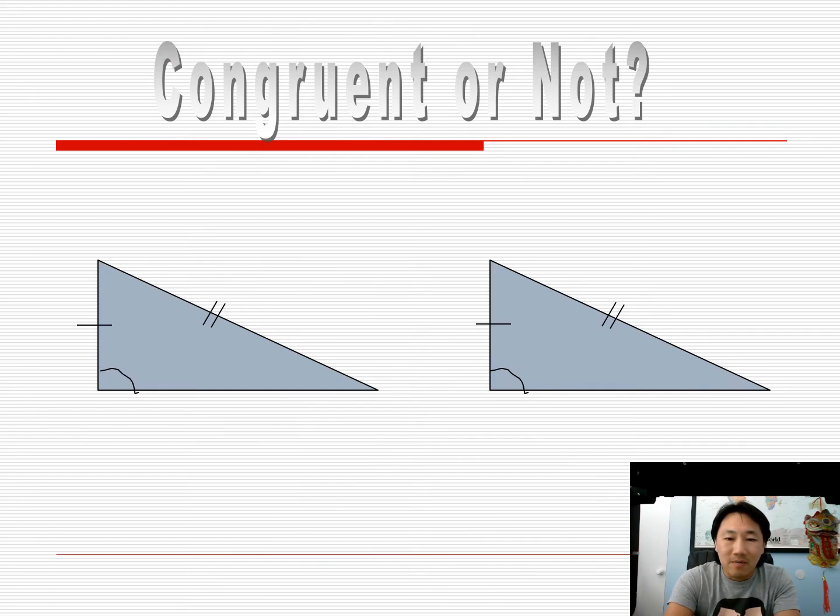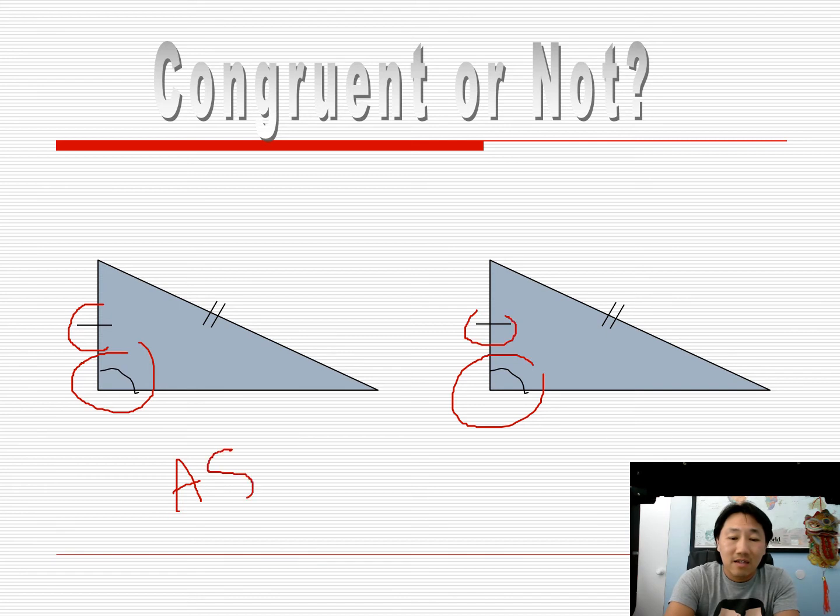Here's another example. We have an angle, but it's not marked as a right angle. We have a side. And since this looks like a hypotenuse, but we don't have a right triangle, it's no longer called the hypotenuse.